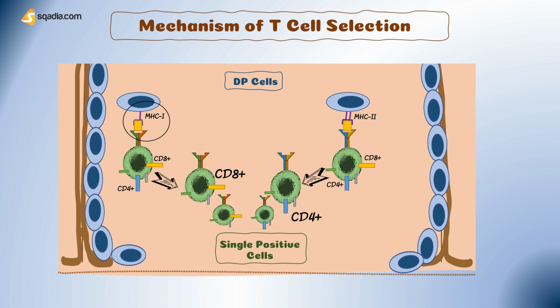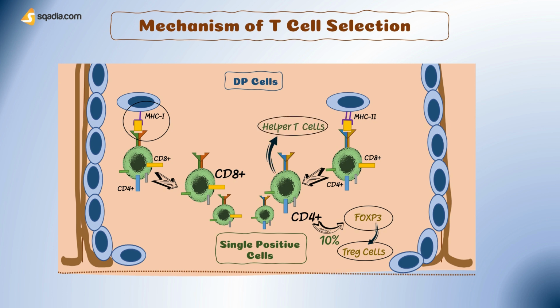Within the SP CD4+ cells, the 10% of cells with the highest affinity for MHC class II antigen activate a transcription factor called FOXP3, which commits these cells to a different differentiation pathway, and they eventually mature as natural T regulatory cells. Whereas the rest of the CD4+ cells then form the helper T cells. And SP CD8+ cells make the cytotoxic T cells.